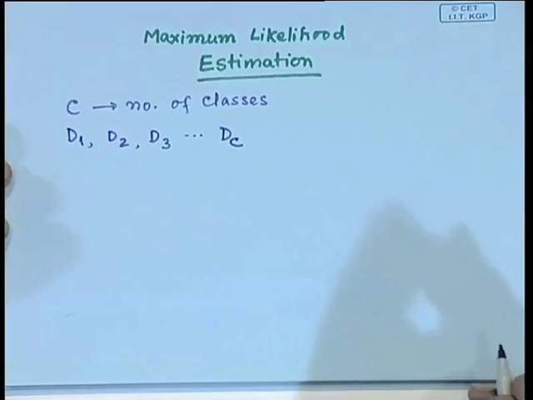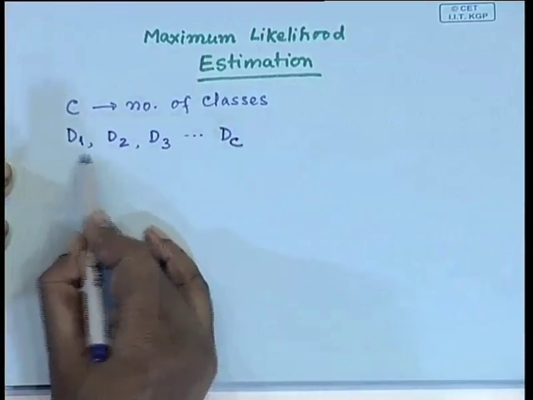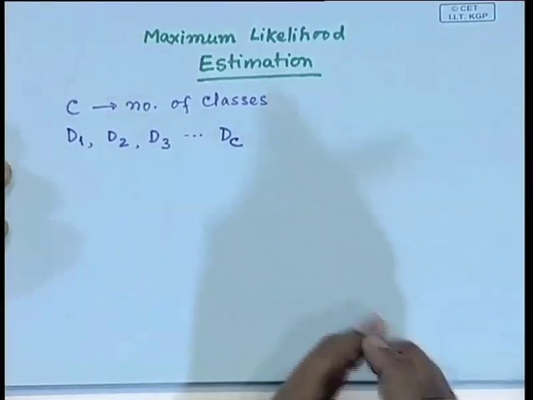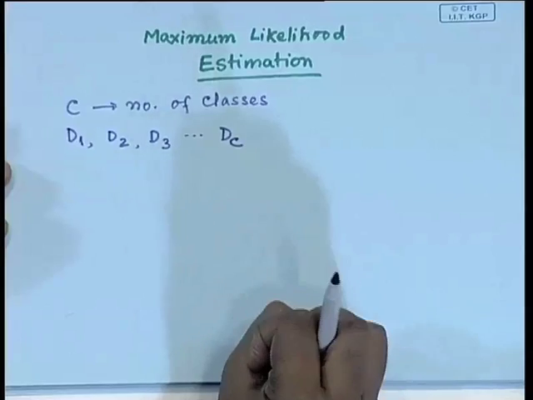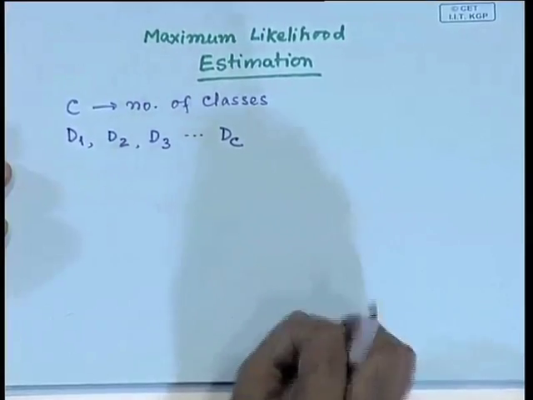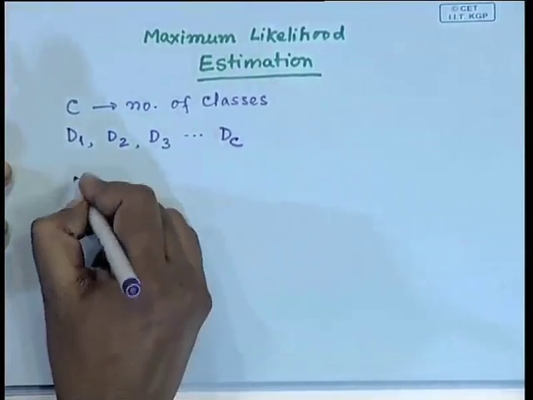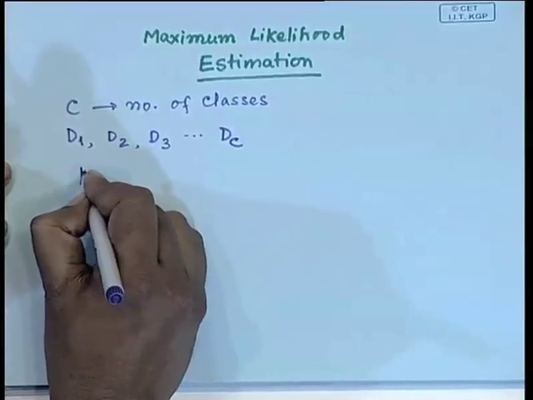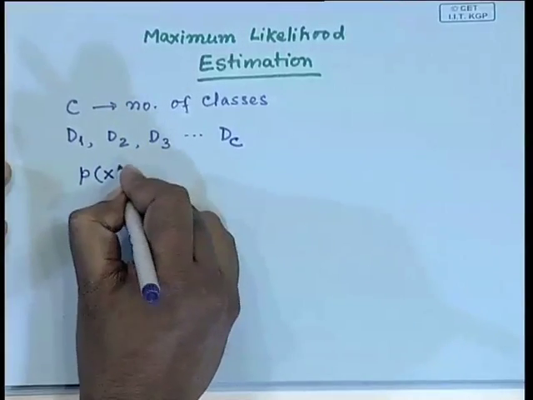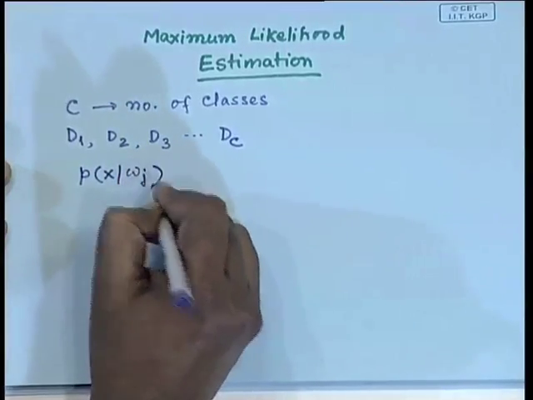The samples belonging to set Dj are drawn independently according to the probability law P(x | omega j).